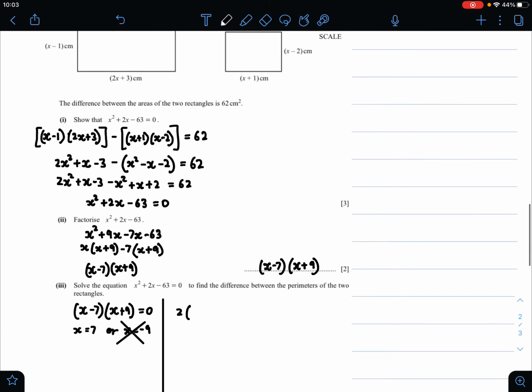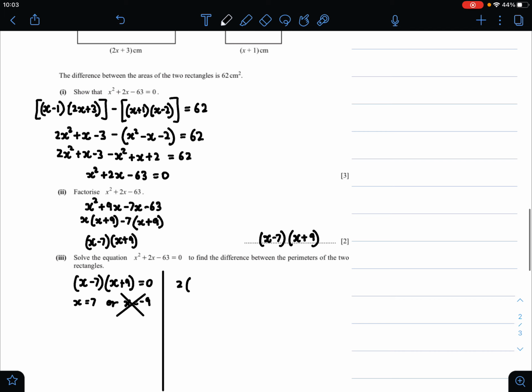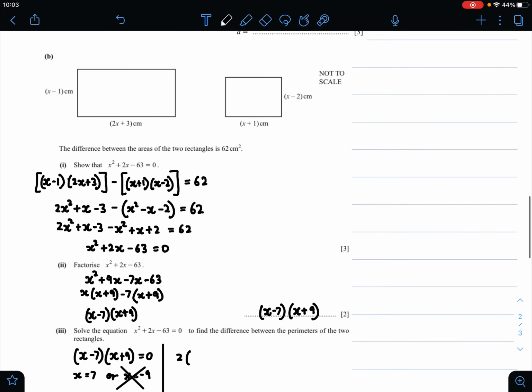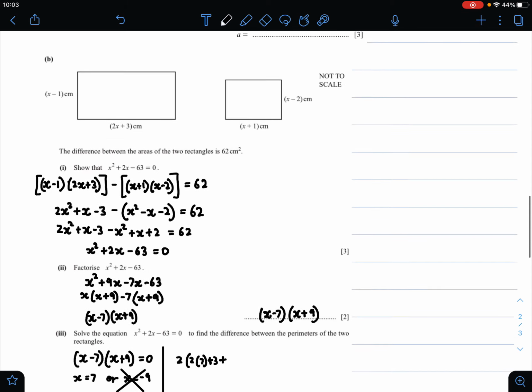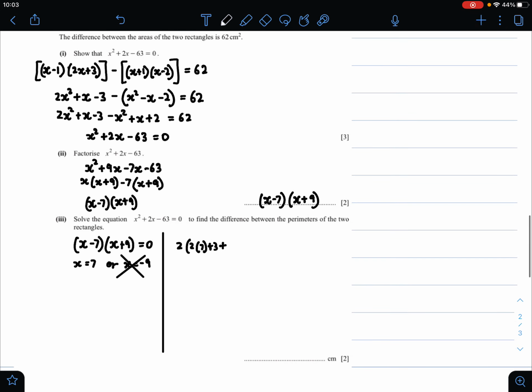So for the first case, the length is 2x plus 3. For the bigger rectangle, it's 2x plus 3. So 2 times 7 plus 3 plus the breadth, that is x minus 1, so 7 minus 1.